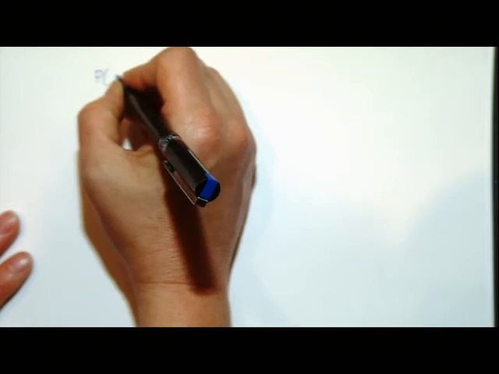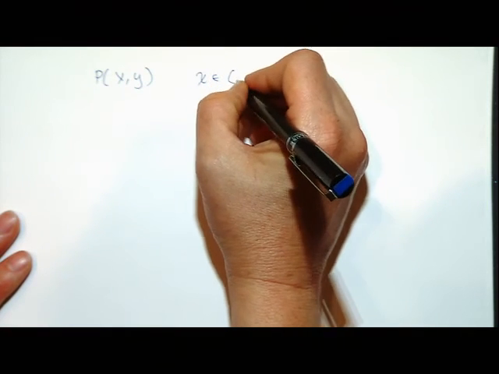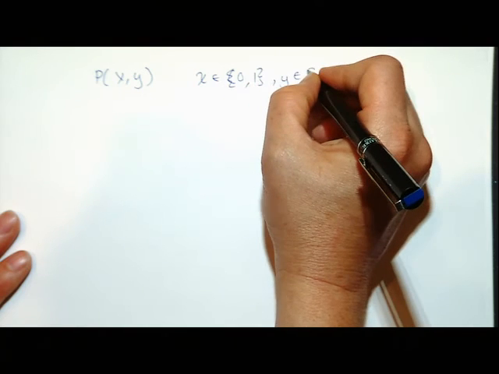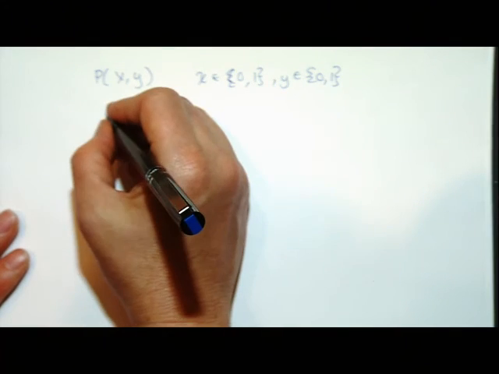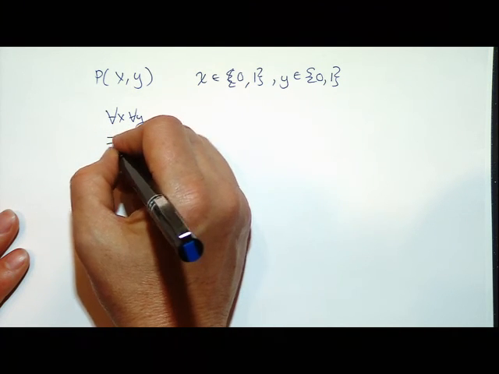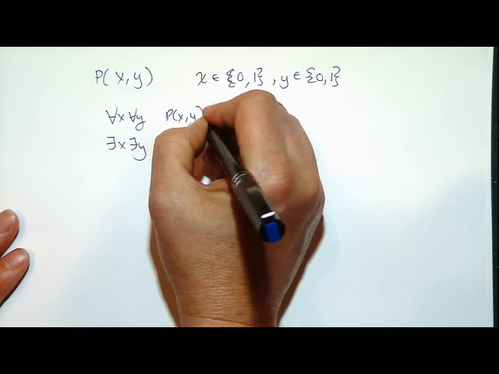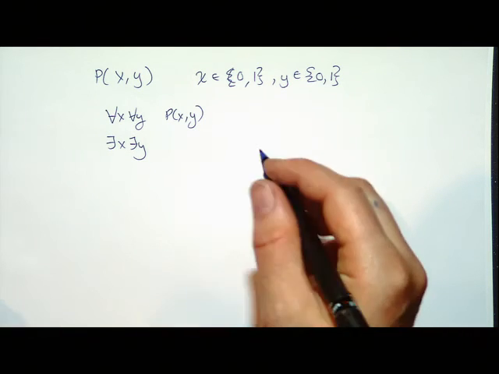We're going to be given a predicate. And then we have some different quantifiers. And we need to figure out how often they're true for a given function.